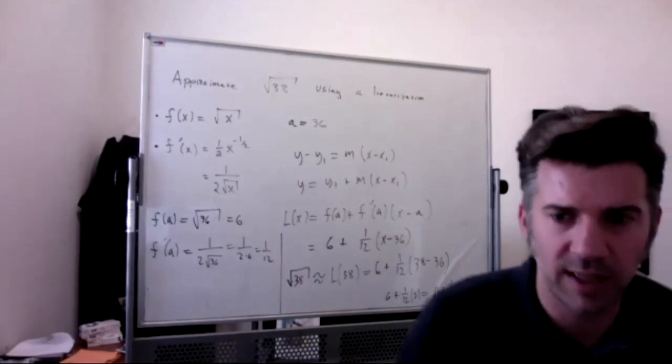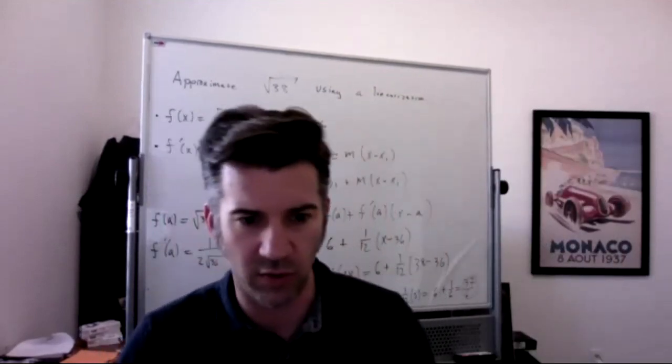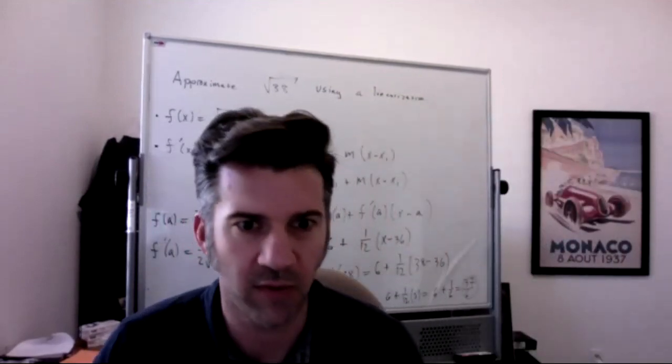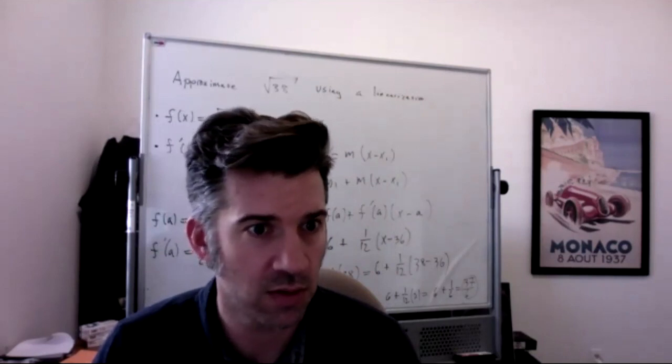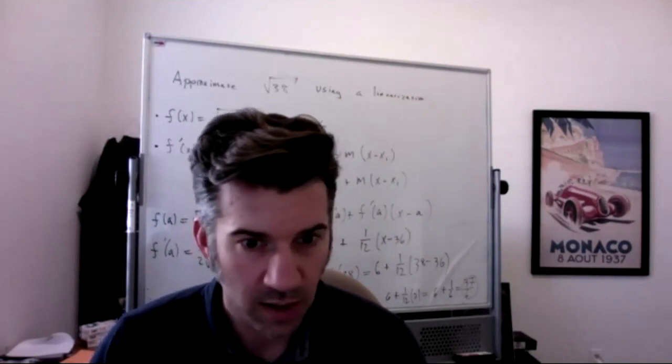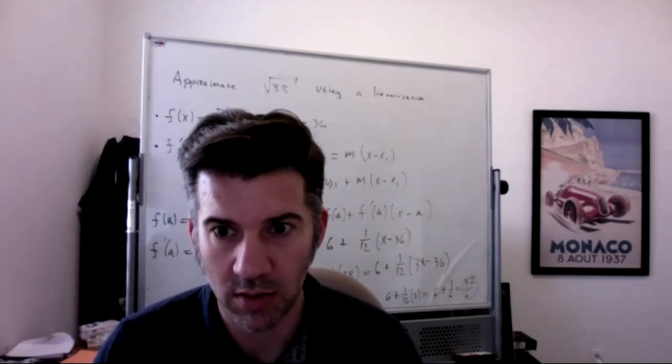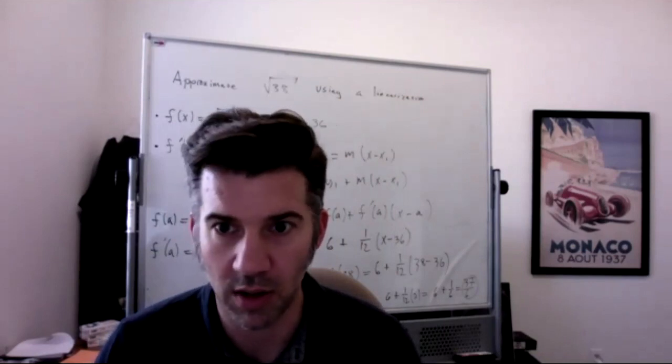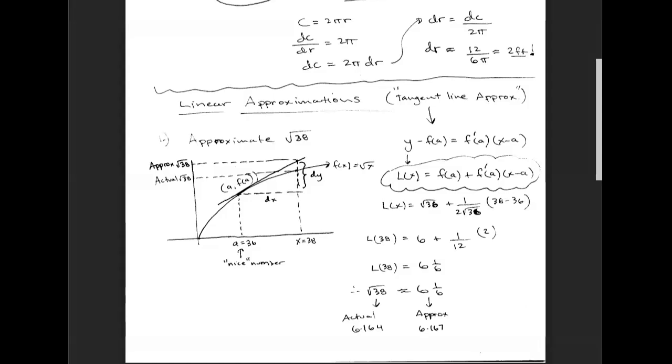Let me also show you this picture, and I know we've seen this picture already, but let me show you this picture that's already drawn, just so I don't have to try and draw it poorly for you. So this is the problem I was doing. We're doing the linear approximation of the root 38.